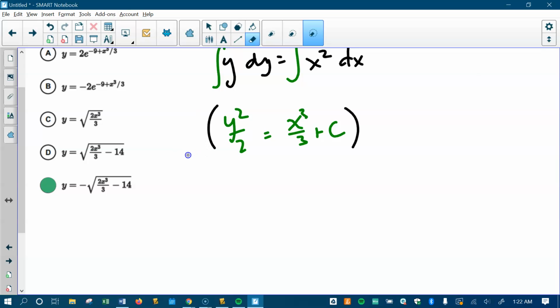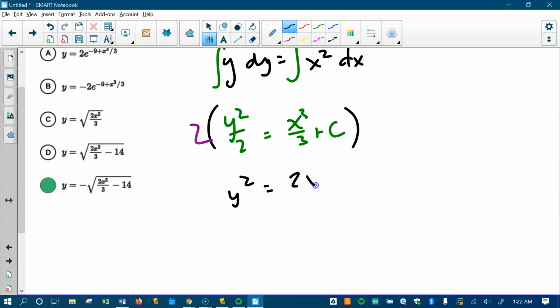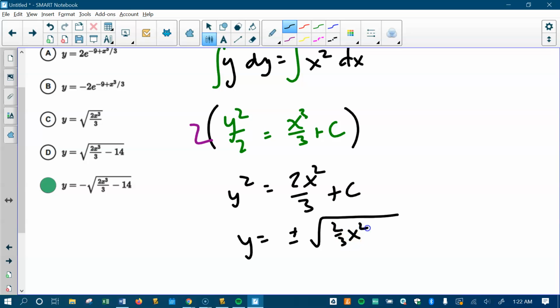It's interesting that if you don't actually solve directly, you will get a different answer. So watch this. Now I'll get the actual answer that they have. So y is equal to plus or minus the square root of 2/3 x squared plus c.